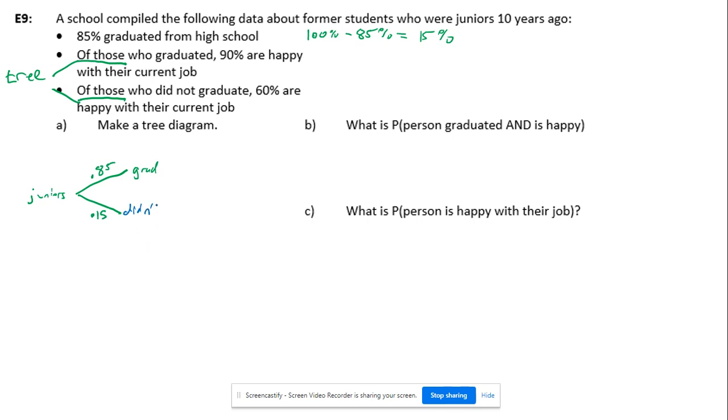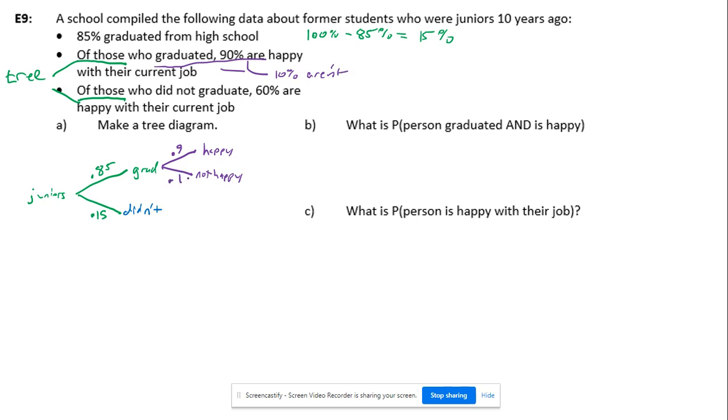Okay, 15% didn't graduate. Now, of those that graduated, so now I'm in the top branch here. Of those who graduated, 90% are happy. So I have people that are happy and not happy. 90%, so that's 0.9, are happy. That means 10% aren't.